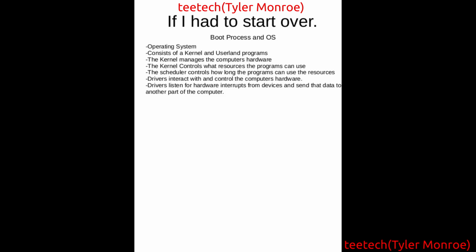Resources, I just mean hardware by saying resources, but it's very commonly called that. Now, the scheduler in the kernel controls how long programs can use the resources. If you didn't have a scheduler, a program like Firefox could run forever and not let anything else happen, okay?